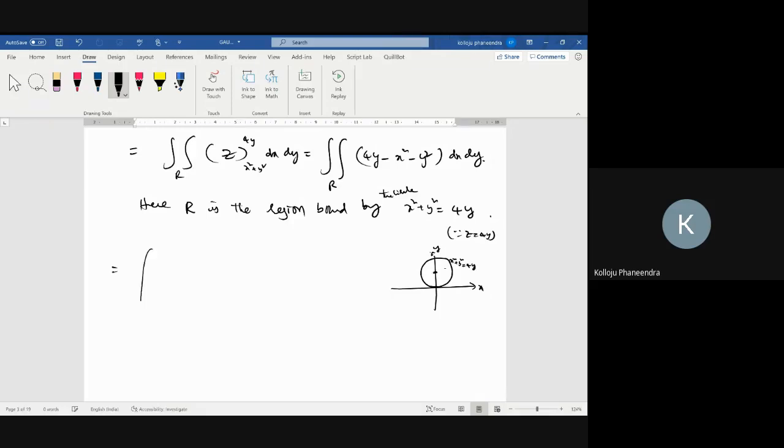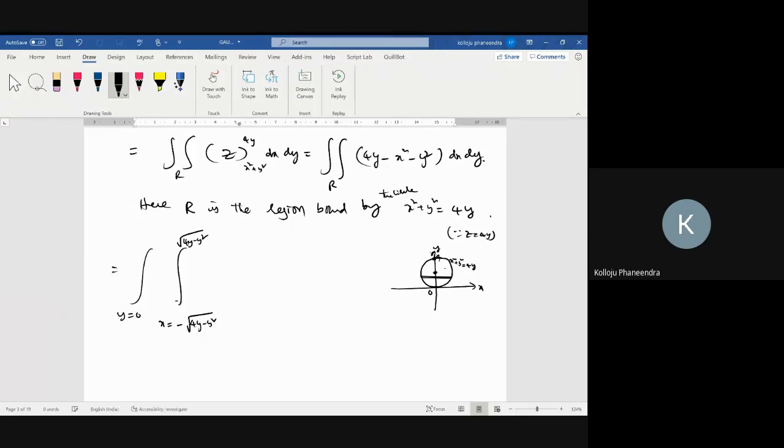So what are the limits? If I consider a horizontal strip, the x limits are negative square root of 4y minus y square to positive square root of 4y minus y square. And the y limits are what? This is 0, and on the y-axis, x equal to 0, so y gets cancelled and you get 4.